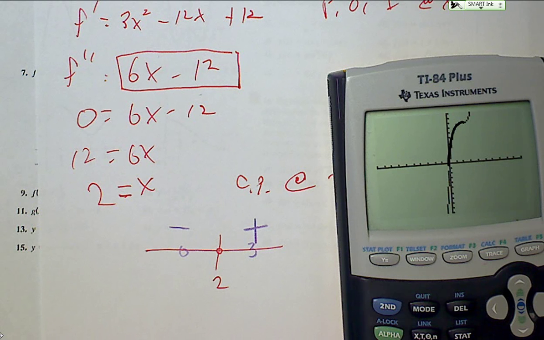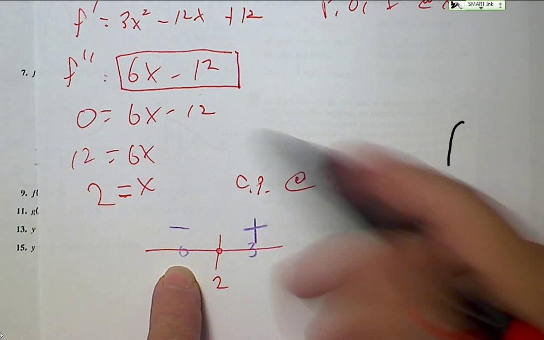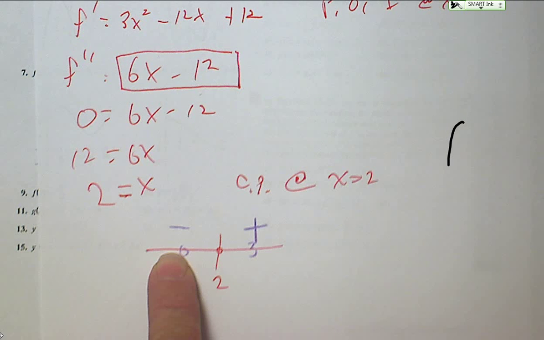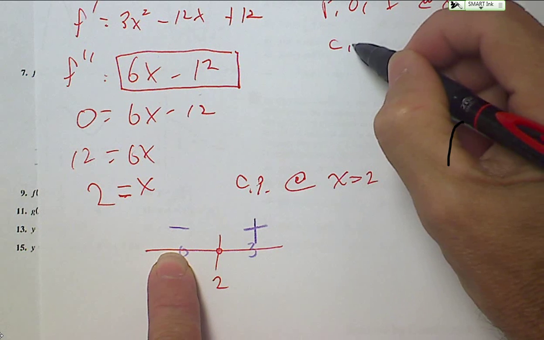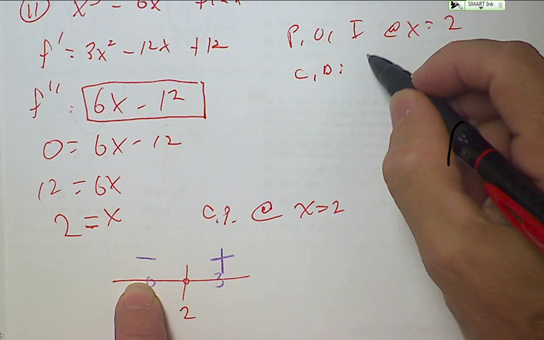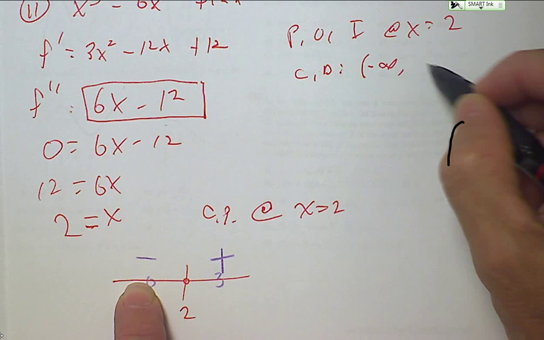Anytime you have a negative on the second derivative, that means it is concave down. So this is concave down from negative infinity to 2.